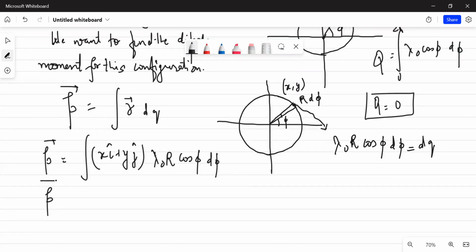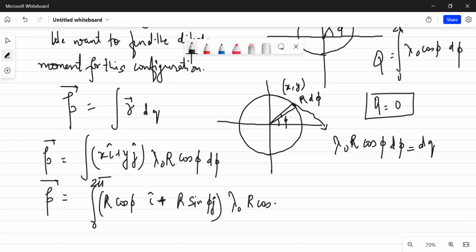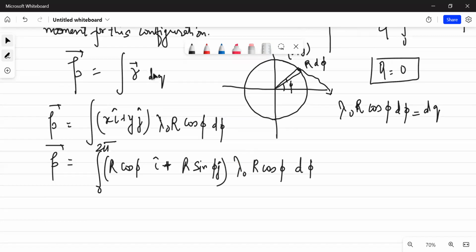And then I will write p vector is equal to integration from 0 to 2 pi, and x I can write as r cos phi i cap, and y I can write as r sin phi j cap, and then lambda naught r cos phi d phi. Is that clear to you? Is this making sense? Where did all the children go? Alpana, is it making sense? Bharat, is the point making sense?